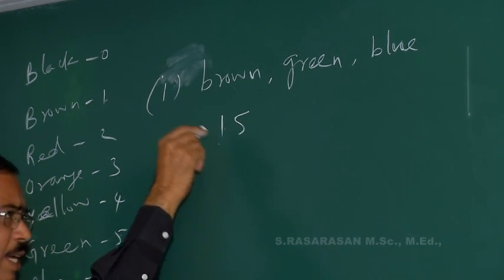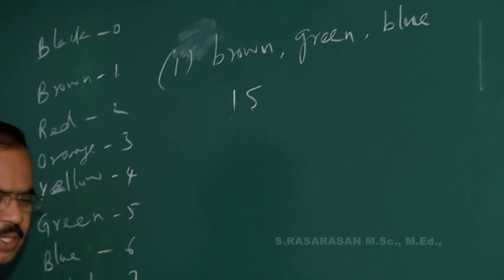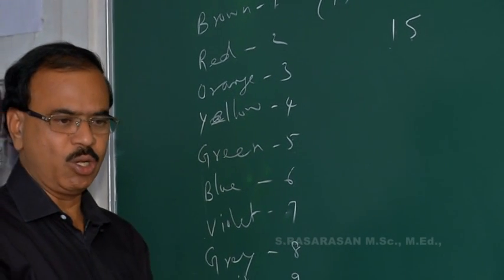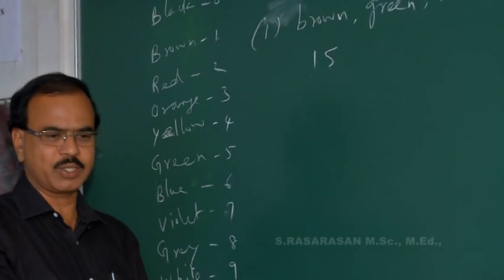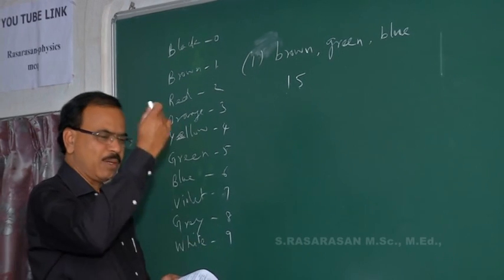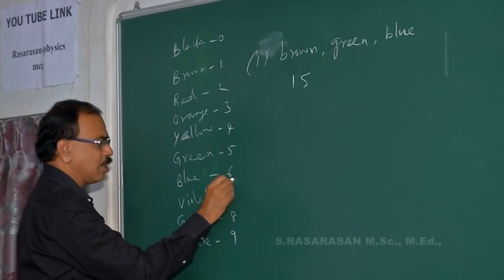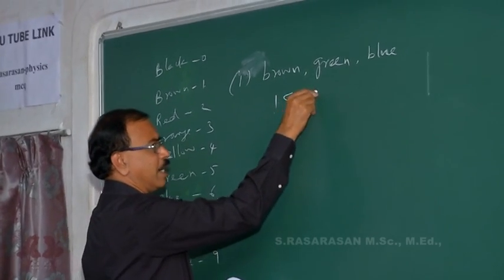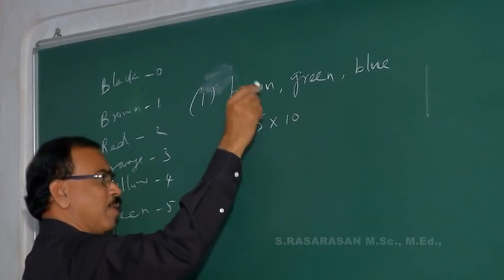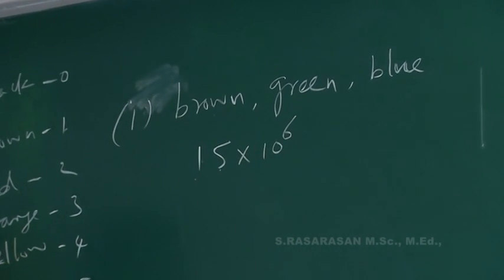First significant figure, second significant figure, and blue, the third color, represents the number of zeros followed by these two numbers, or in other words, 10 raised to the power of that number. Say for example blue is number 6, so 10 to the power 6.